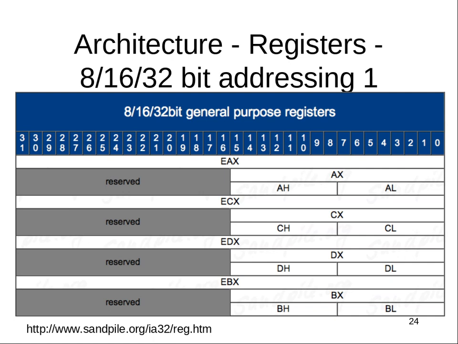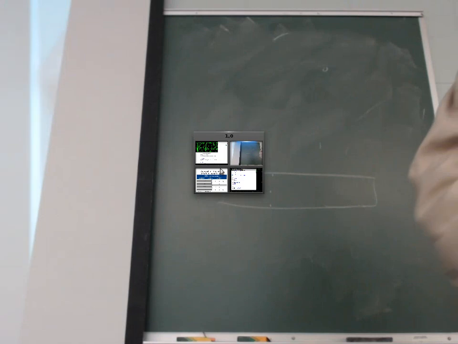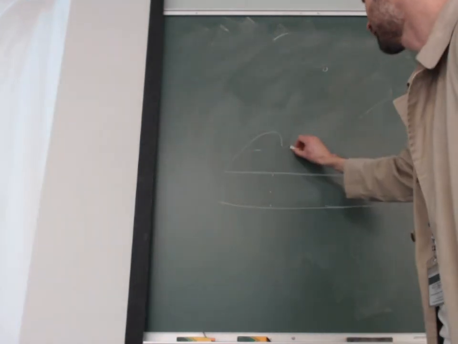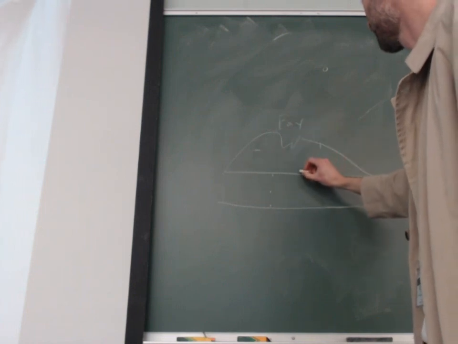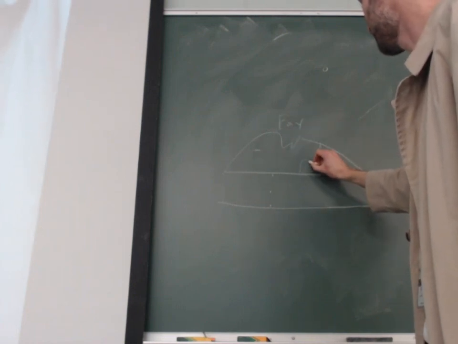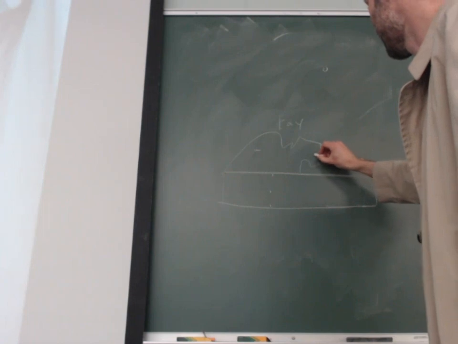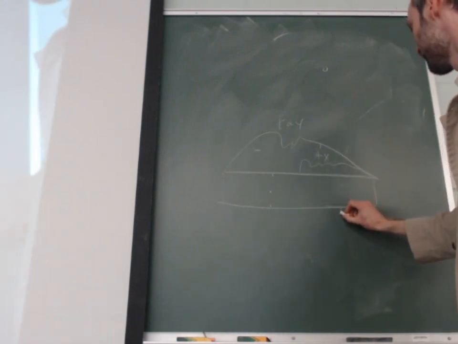They're just dividing up what you can see. I don't know if this helps any. So the entire thing is EAX. The lower half of it is just AX.